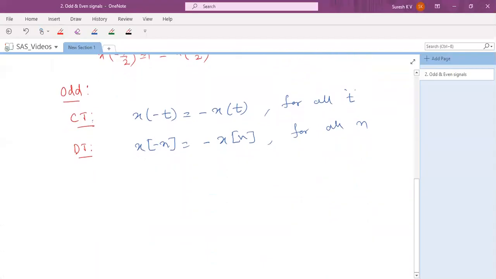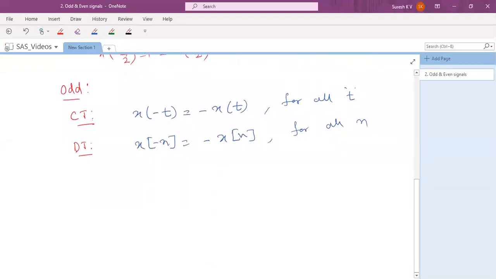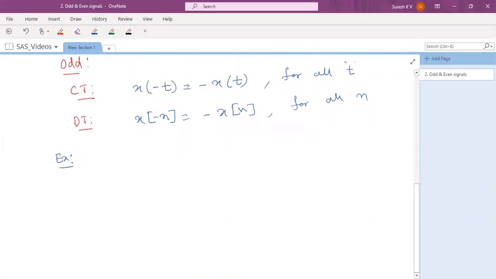Let us take an example. So you can notice here, for all the positive values of t, whatever the signal values are, it is true that at negative values it will be equal to minus of that.